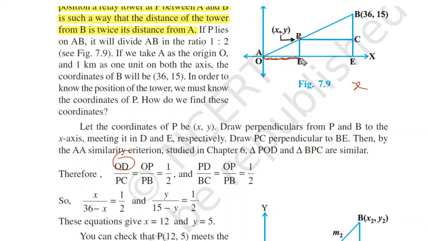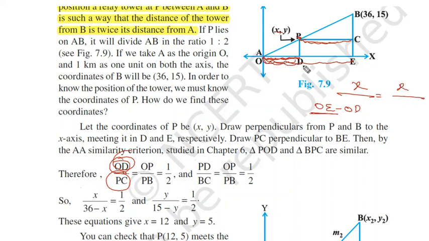So at point D the x coordinate will also be x. So the length of OD is x, divided by the length of PC. Where is PC? Here it is. PC will be equal to OE minus OD, which is x divided by, what is the length of OE?